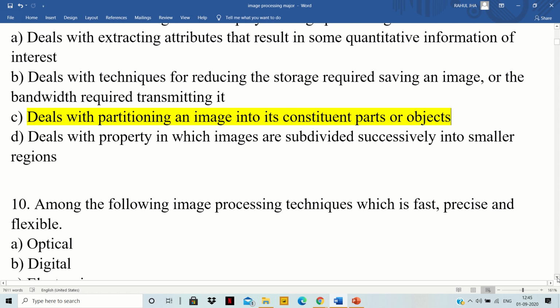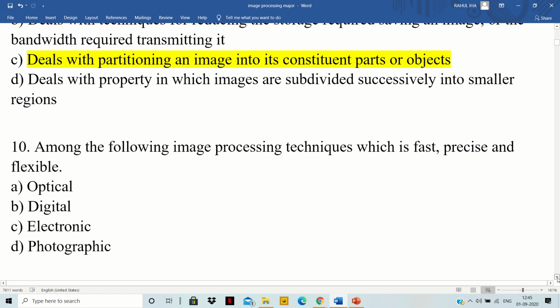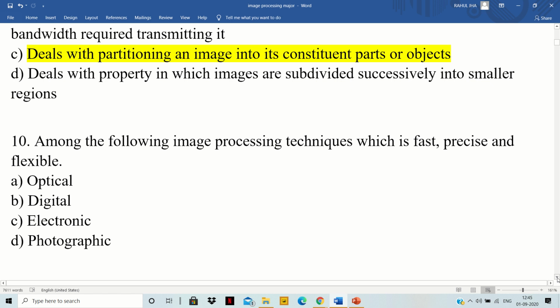Question number 10. Among the following image processing techniques, which is fast, precise, and flexible? Option A is optical, option B is digital, option C is electronic, option D is photographic. So which technique is going to be fast, precise, and flexible? If something is in digital form, the process will be fast, and we are also studying digital image processing.